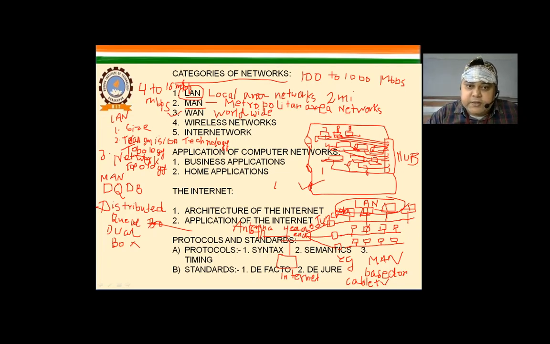If you move towards the third category of the WAN, that is the worldwide network. Worldwide networks span a large geographical area, often a country or a continent.